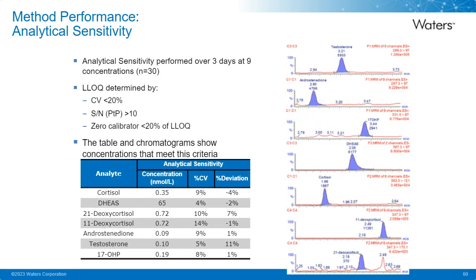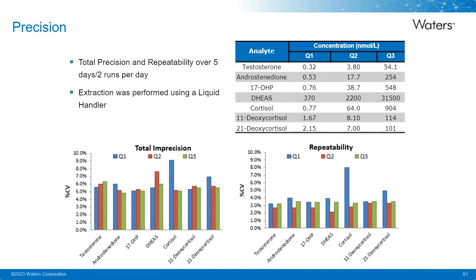Looking at our method performance, good analytical sensitivity with low CVs at the LLOQ, and on the right we see low concentration chromatograms of the low standards. Looking at precision between day, between batch, and within batch, and excellent precision, all in single digits for the three QC levels over a number of different days.